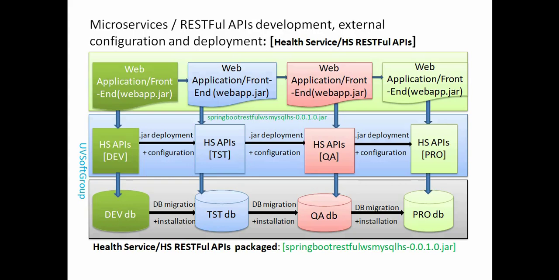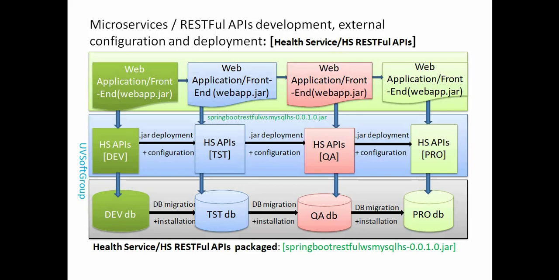That means you have to take responsibility to migrate the database from one environment to another. Then your implemented API has to be deployed from development to TST to quality assurance, and then from quality assurance to production.